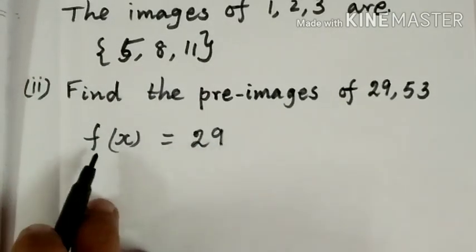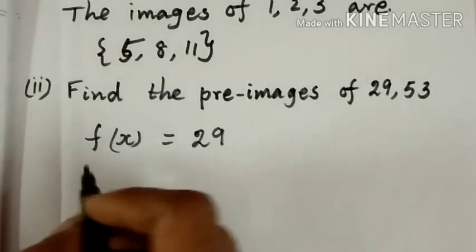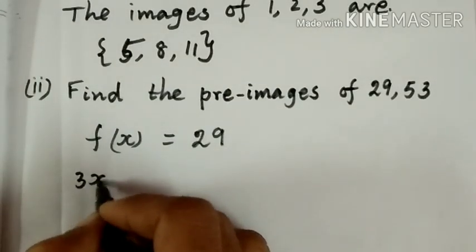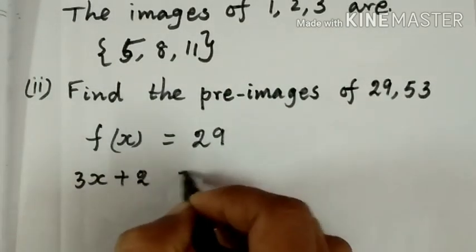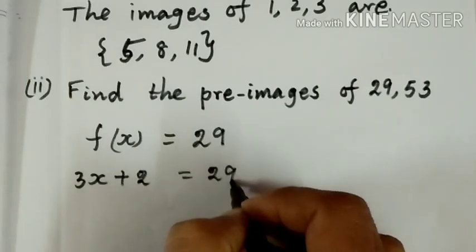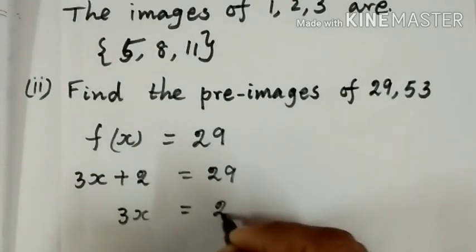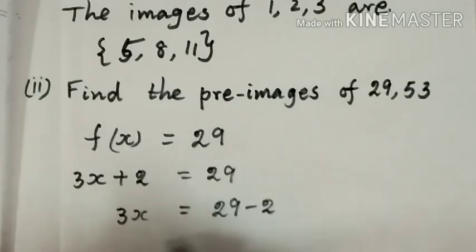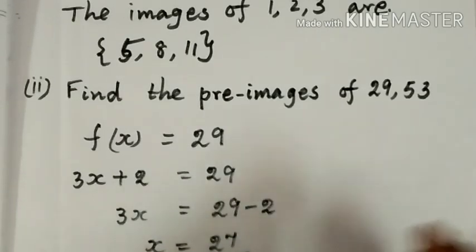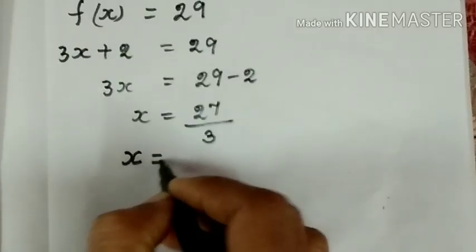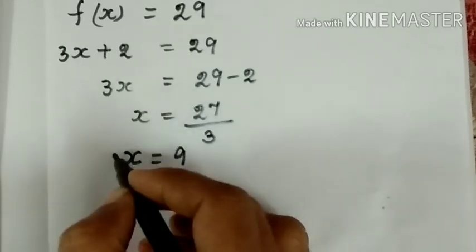Now you apply the value of f of x, which is given in the question, 3x plus 2 equal to 29. Now 3x equal to 29 minus 2, therefore x is equal to 27 by 3. That is, the value of x is equal to 9.